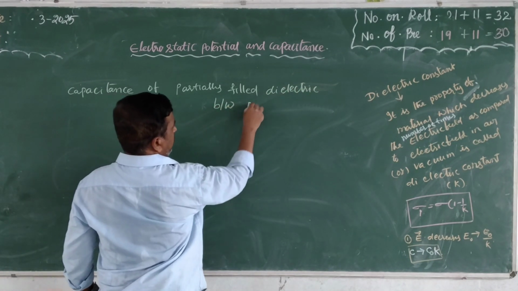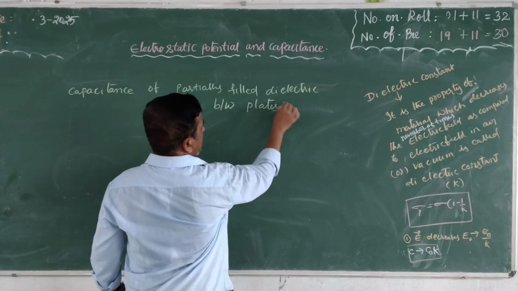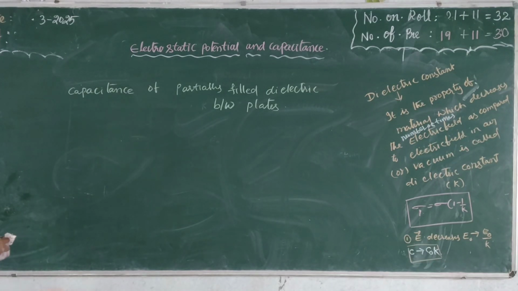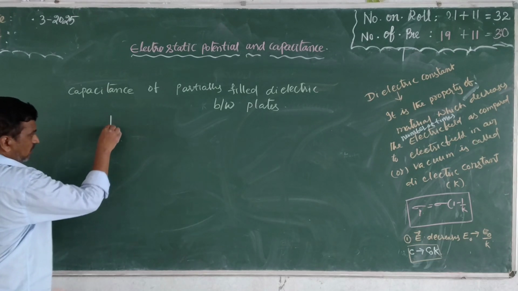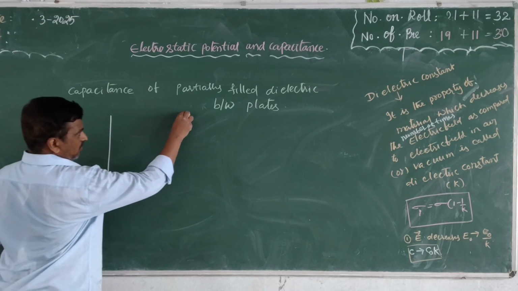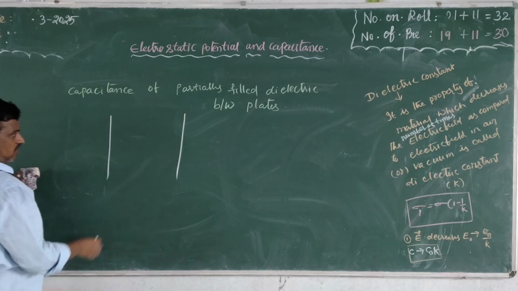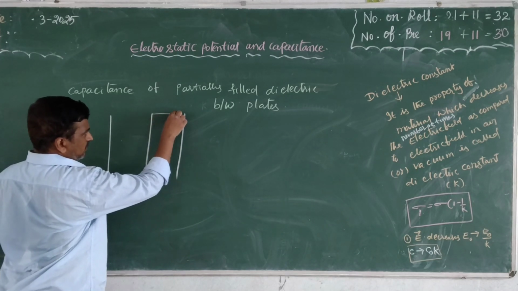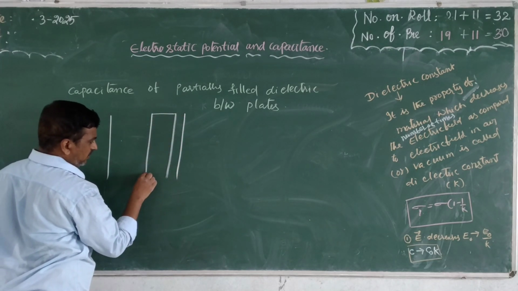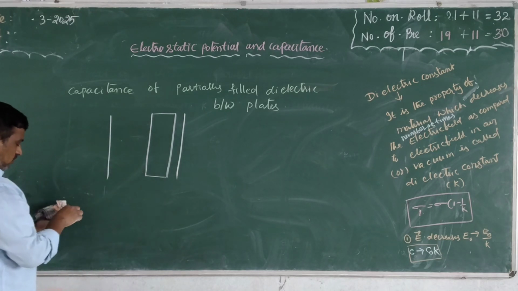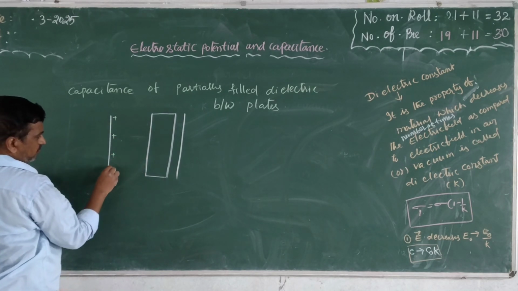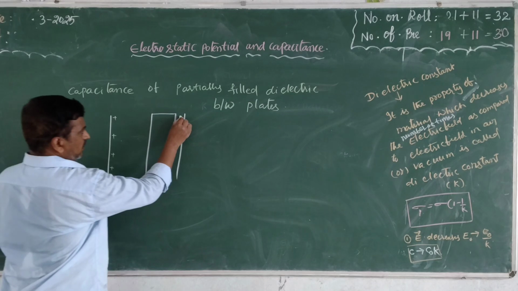Between the plates the dielectric is filled, but only partially. In that case, what about the capacitance? See here, it is one plate, another plate, and here is the dielectric, and the remaining part is empty. Here it is the positive charge, and here the negative.